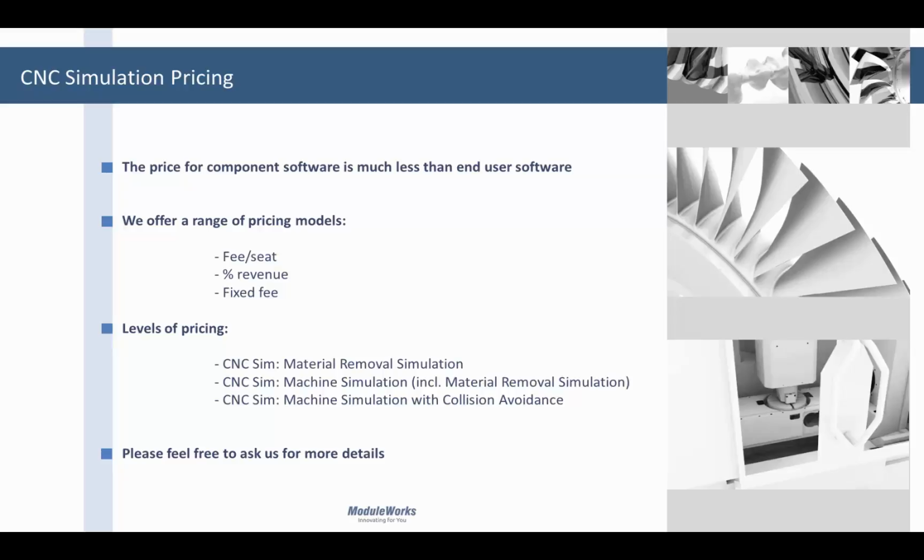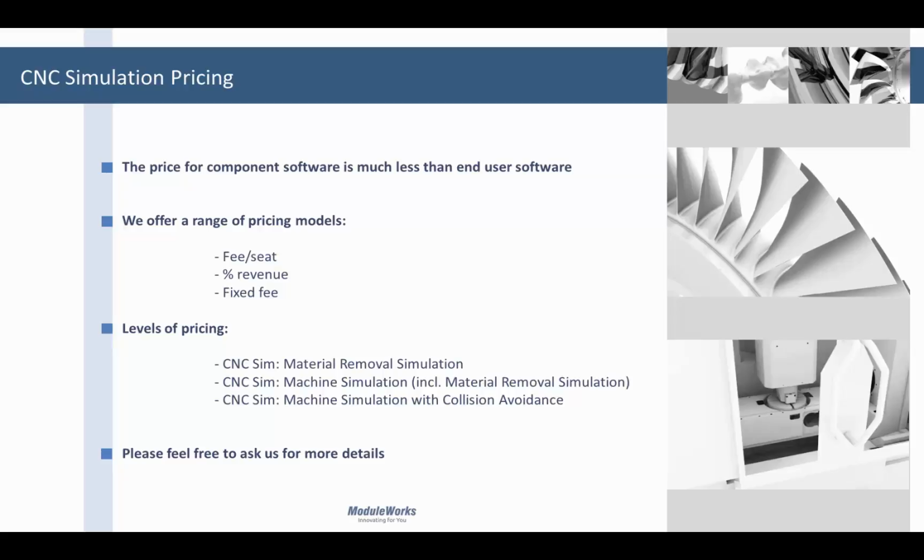As far as the pricing of the CNC simulation product goes, there are three levels of pricing. So the cheapest option with the lowest functionality would be the CNC simulation product with material removal simulation only. The next step with a slight premium would be the product with machine simulation, including material removal simulation.